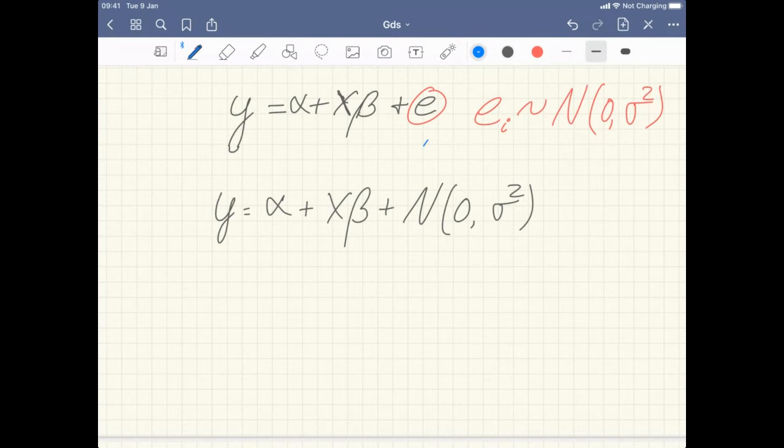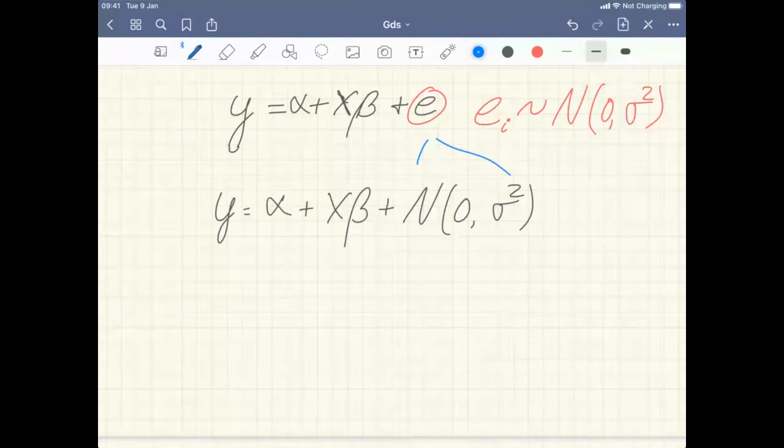So all I've done is I've written that out now as its distribution. Because E is just a random variable that every time we estimate a regression takes a value, and that value is normally distributed. So every time you see the distribution, you can replace it with the term and vice versa.